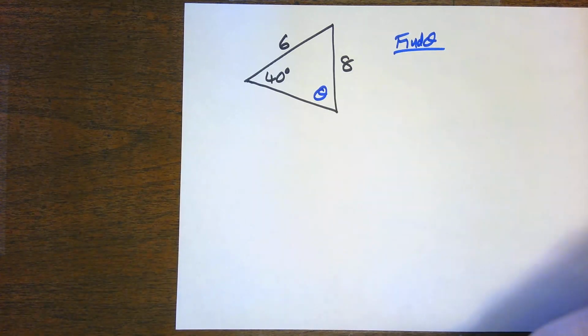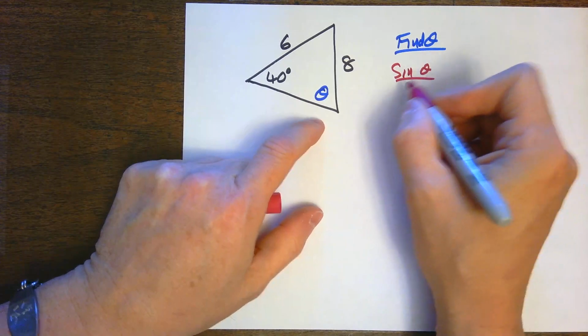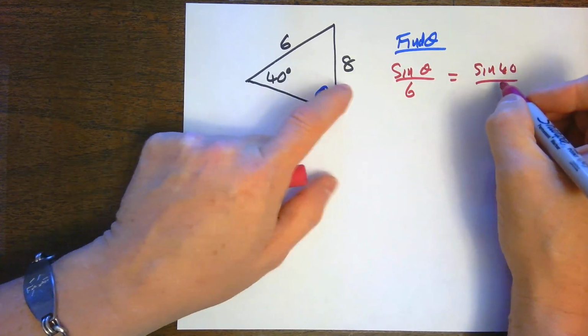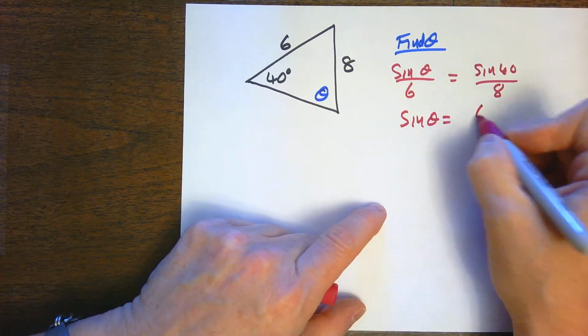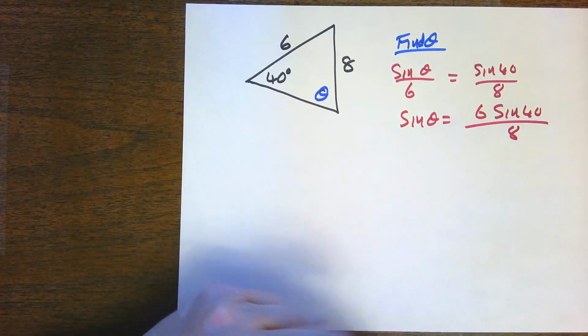And I'm going to use law of sines, and I know that the sine of theta over the side opposite is the sine of 40 over the side opposite from it. So the sine of theta is going to be 6 times the sine of 40 over 8.